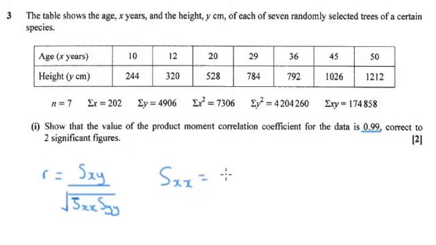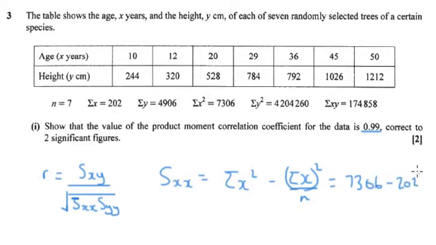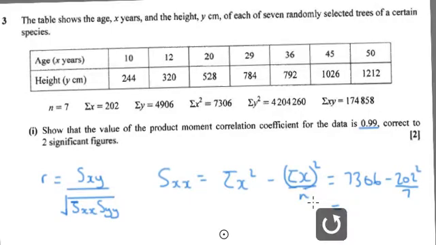SXX is sigma x squared minus sigma x all squared over n. So that's going to be 7306 minus 202 squared over 7. I'm going to type that in my calculator and I'm going to store it in the memory. 7306 minus 202 squared over 7 is some horrible number.